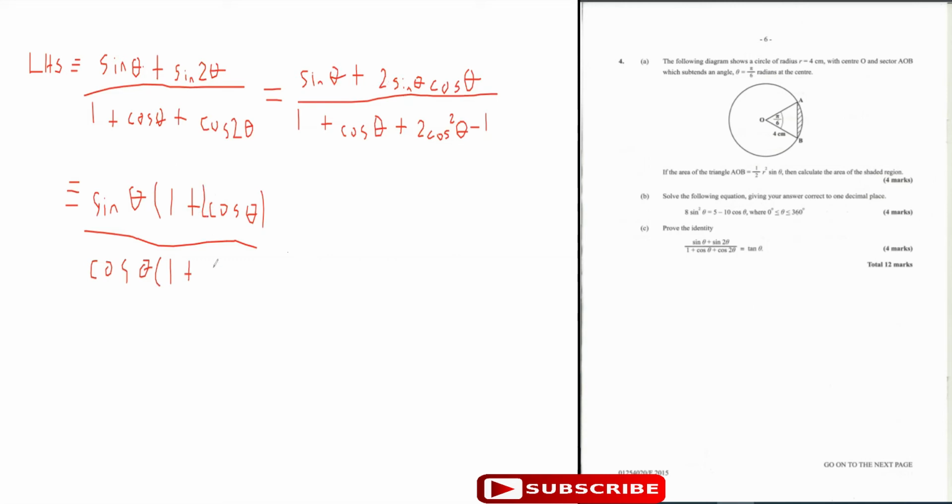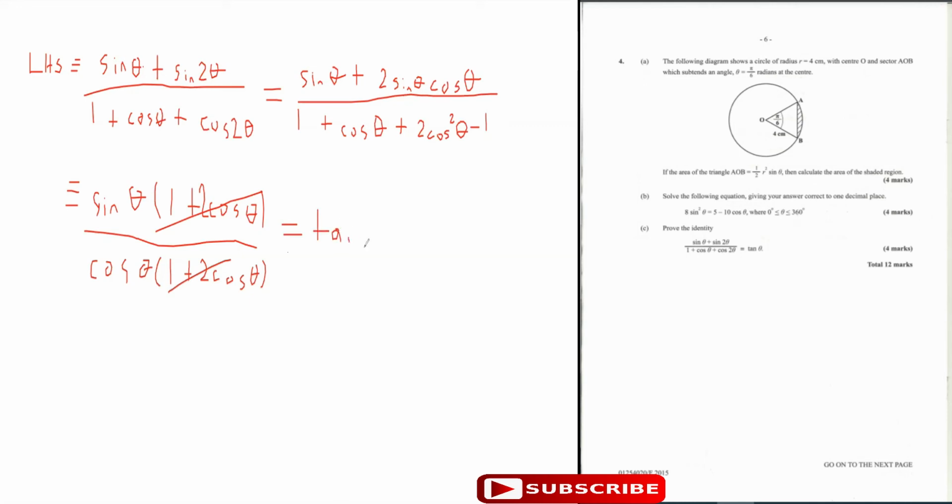Sorry, there should be a 2 in the numerator as well. Now the 1 plus 2 cos theta cancels the 1 plus 2 cos theta. We're left with sine theta over cos theta, which is tan theta.